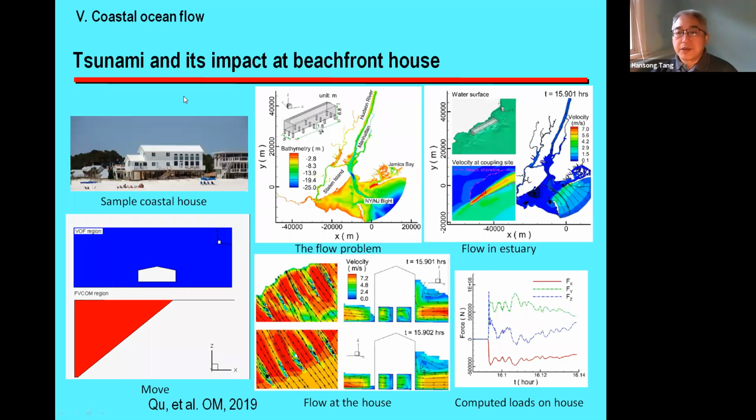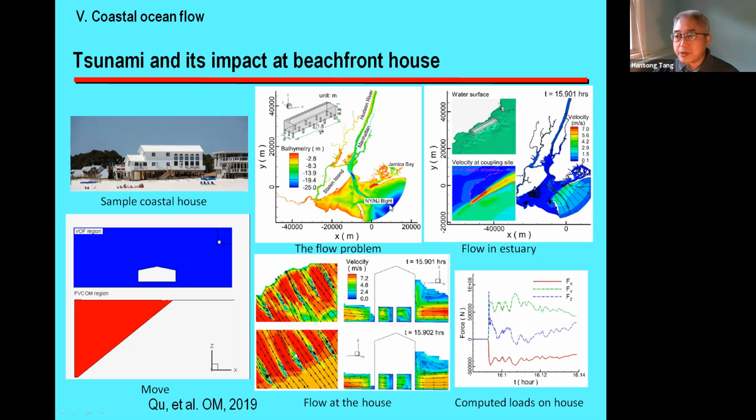In this situation, we consider climate change and sea level rise, because people are becoming more and more concerned about the safety and vulnerability of a coastal structure like this house. So we made a simulation on this. Basically, we put this house at the front beach, someplace here. Here is New York. So we assume there's a tsunami at the deep ocean.